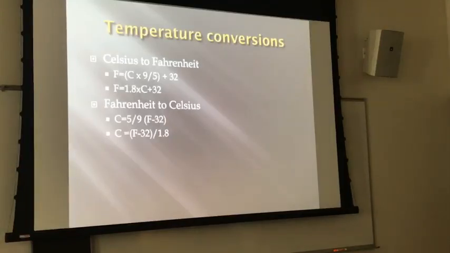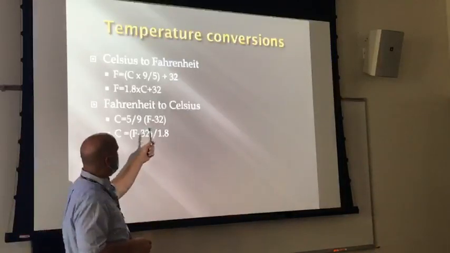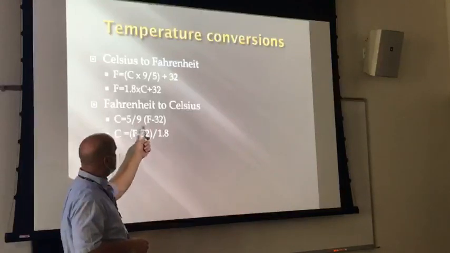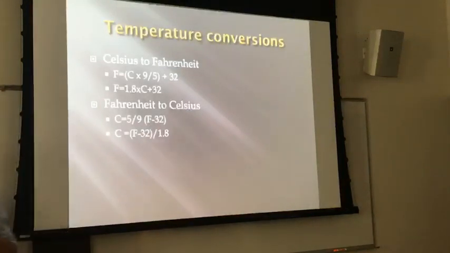We'll say Celsius to Fahrenheit is 5/9 times Fahrenheit minus 32, which is really Fahrenheit to Celsius. Celsius to Fahrenheit is 9/5 times Celsius plus 32, and the other setup is just not going to work. So make sure you set them up properly.